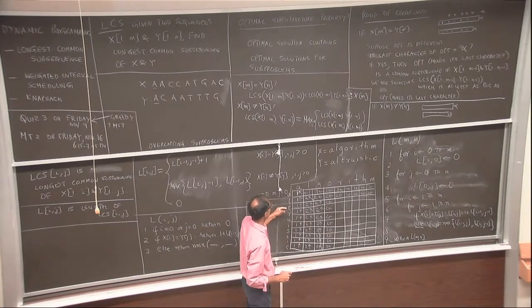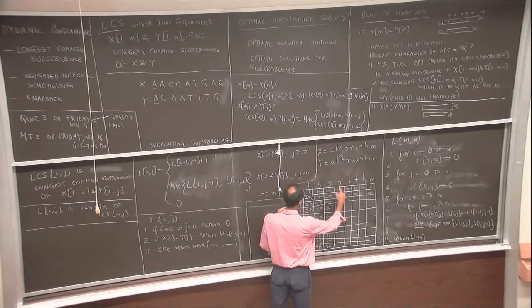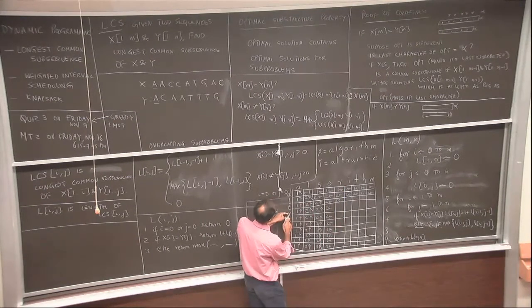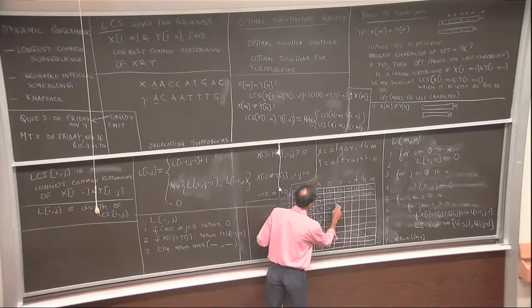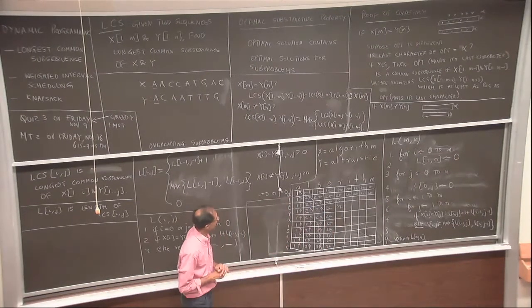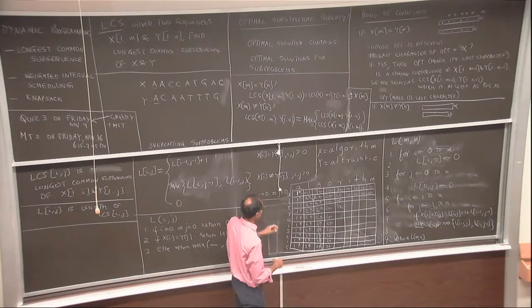T does not match, so let's do this. So R matches with this R, right? So we'll do this. R matches with this R, so we get 3 and a diagonal. I'm going to fill this in just so that we complete this.